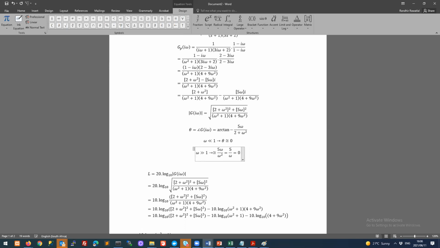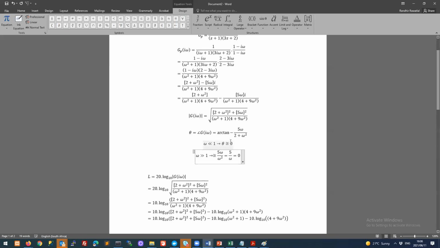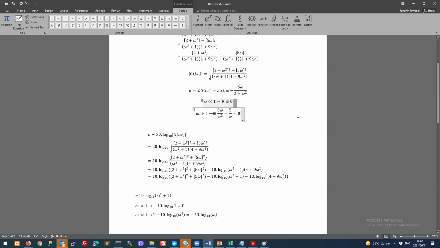I'm not sure if there's something wrong here. So when omega is large, then that goes to infinity in the denominator. So it's 5 over infinity, which is also 0. Let's just see what that looks like. I wonder if that angle goes down and comes up again.